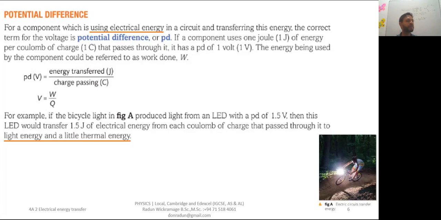But I will go to Kirchhoff's laws and let's talk about EMF and potential differences separately, how they are equal to each other. But for the time being, let's write down the potential difference. And again, the same definition is there for volt. If a component uses 1 joule of energy per 1 coulomb, it is called 1 volt. It is potential difference, not EMF, because it is the use. And you can write down the equation as well.